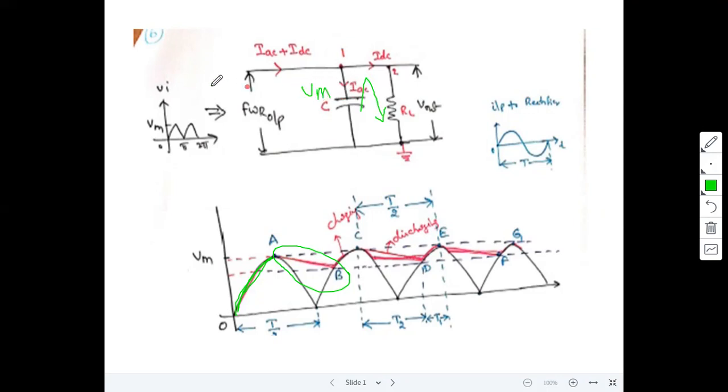When we consider the center tap transformer full wave rectifier, the diodes are reverse biased when the capacitor voltage reaches the maximum voltage.